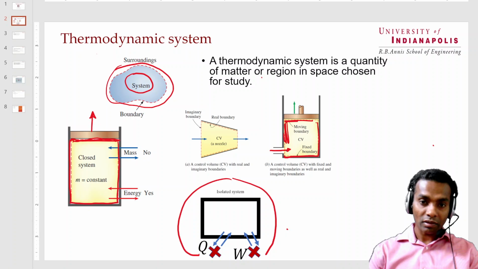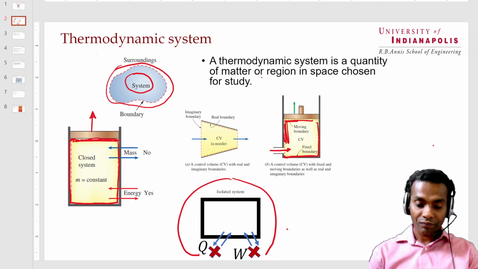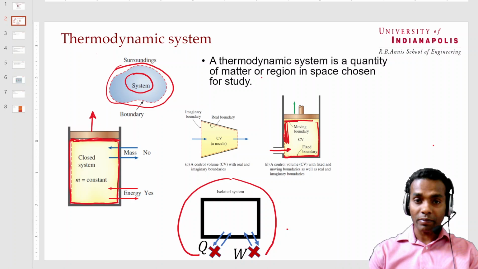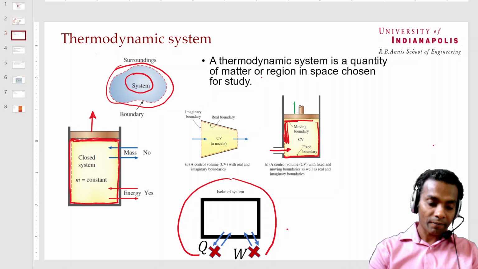But an isolated system is completely isolated, where heat or work cannot interact between the system and surroundings. So these are the basic concepts of systems and categories of systems, and that will be useful for you to understand all the other concepts in thermodynamics.